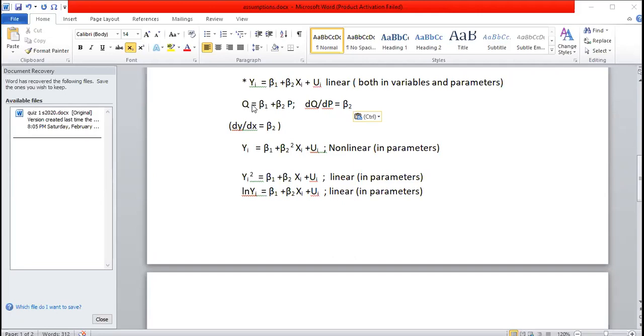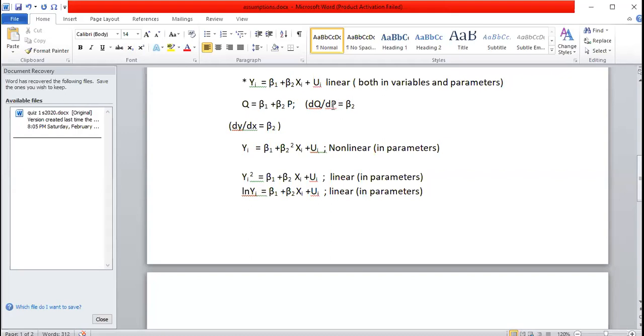So let's take this model here. Is this the percentage change? No. How do I interpret this derivative, dQ/dP? Change in quantity demanded due to change in price. No, say it in terms of one unit. If we increase price by 1 unit, then on average quantity demanded decreases by beta 2, on average because of this u. We are ignoring u right now for simplicity.